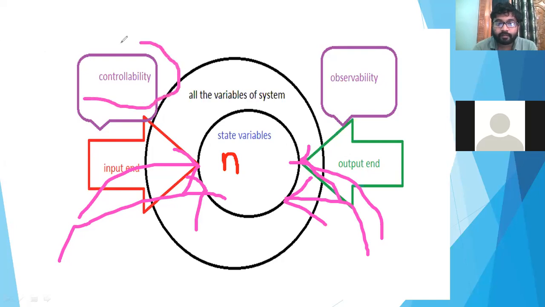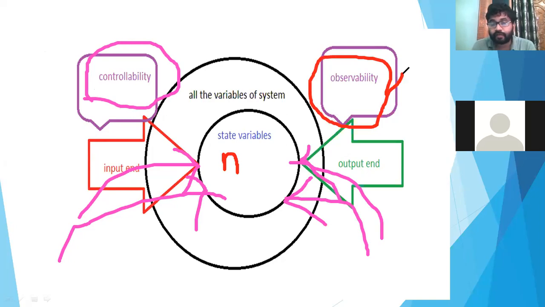Controllability is the concept that is related to when we manage the state variables from the input side. Similarly, observability is the concept we came across when we try to manage the state variables from the output end. You should remember this from now on.